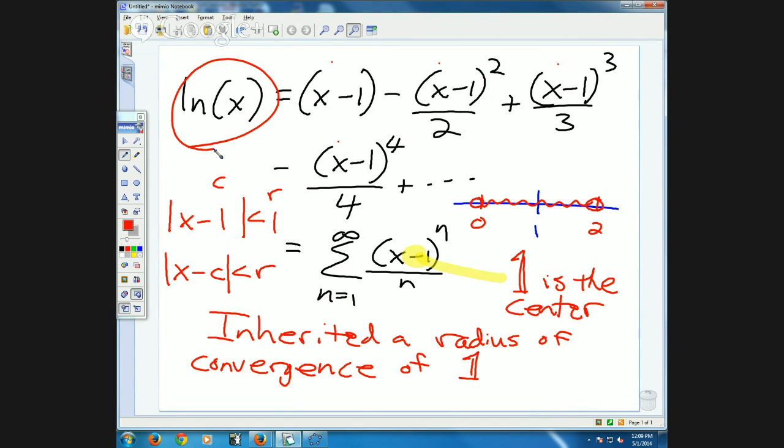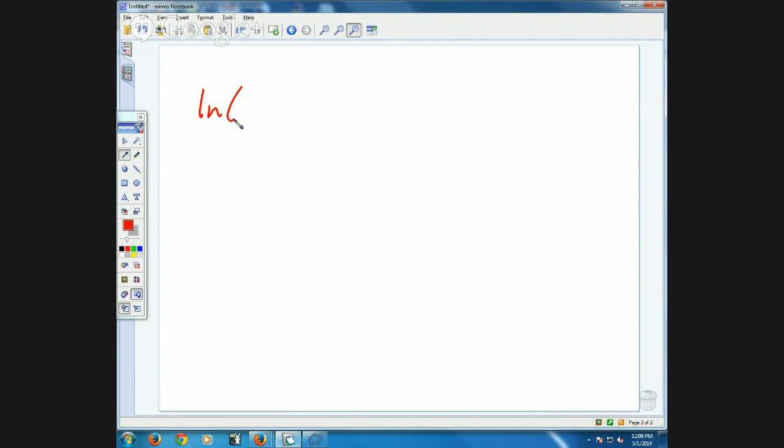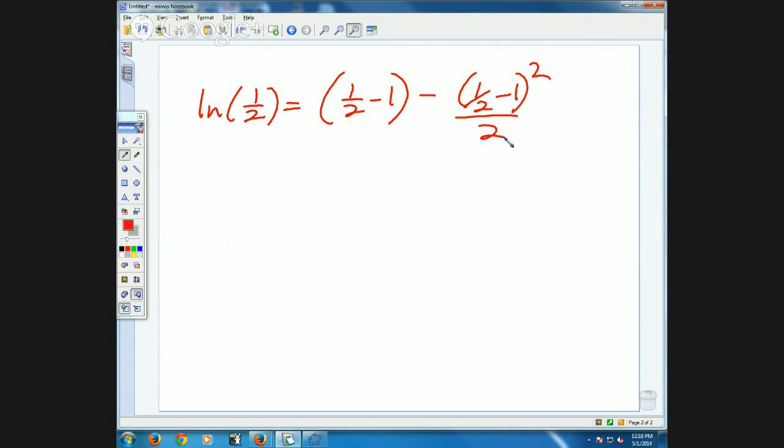Well, take any number in this interval. Is 1/2 in that interval? Yeah. Okay. So then, according to this, the natural log of 1/2 is equal to (1/2 minus 1), minus (1/2 minus 1) squared over 2, plus (1/2 minus 1) cubed over 3, and so on, minus (1/2 minus 1) to the 4th over 4.